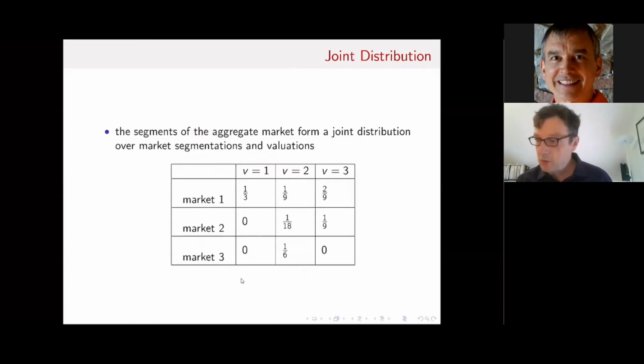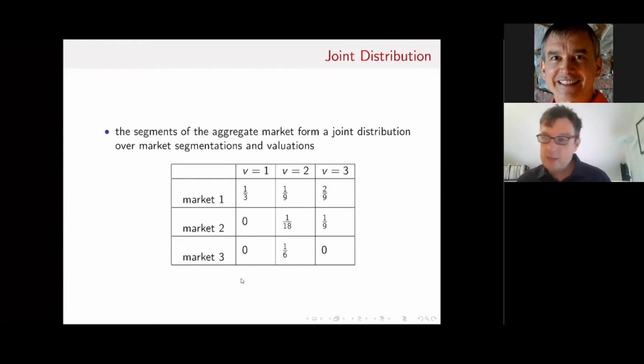Okay. So now you should verify that if I sum up the probabilities in the entire matrix, I come to a probability of 1. And if I sum down the columns, then I come to the result that each value has equal probability 1/3.